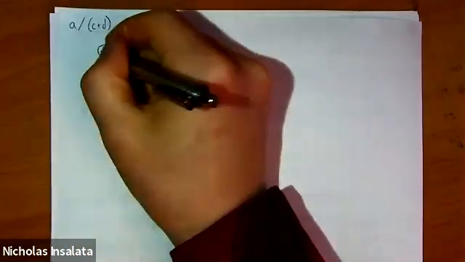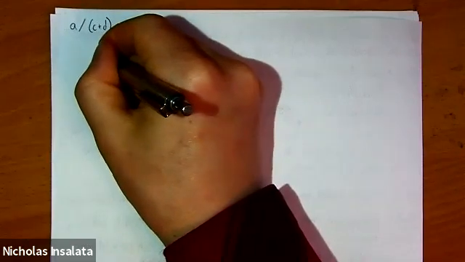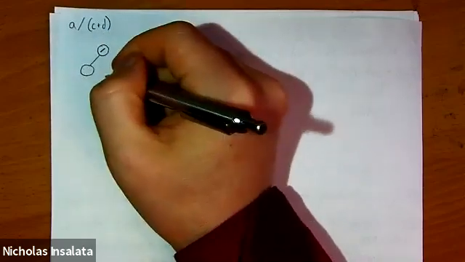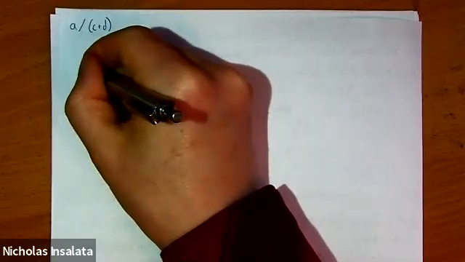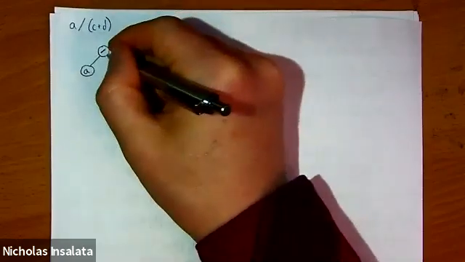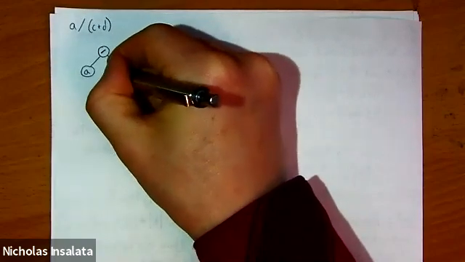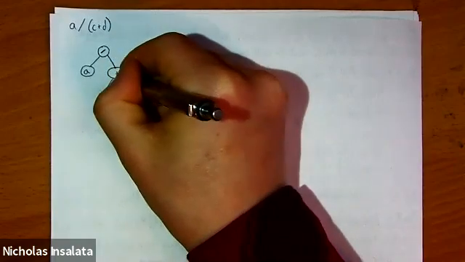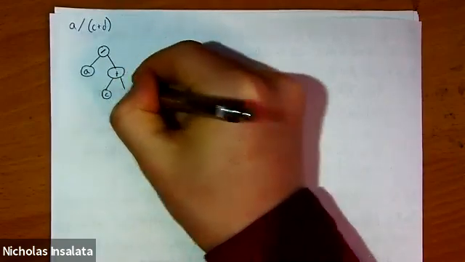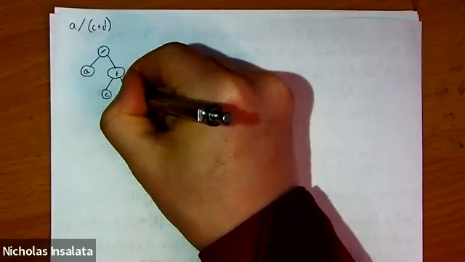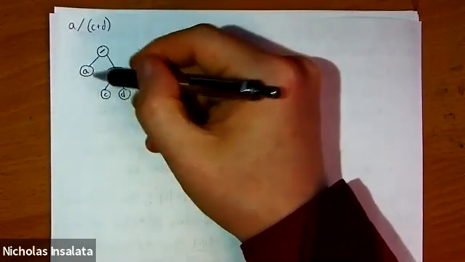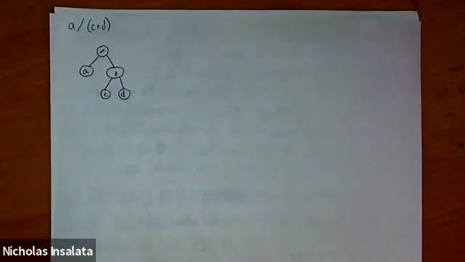So the internal nodes here are going to be operators, whereas the terminal nodes, which in this case are also called leaves in the case of a tree, those are going to be variable names. Right? So the internal nodes are operators, the leaves, which are the terminal nodes, those are the variables, right?